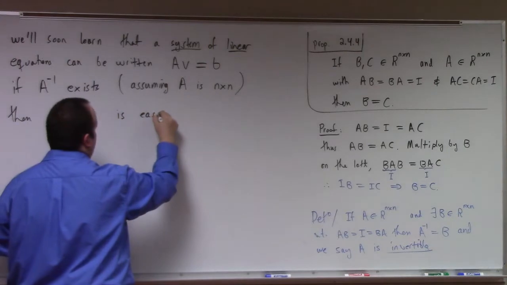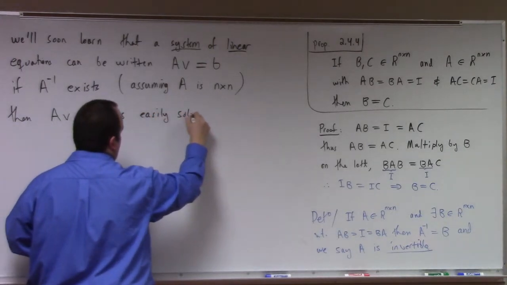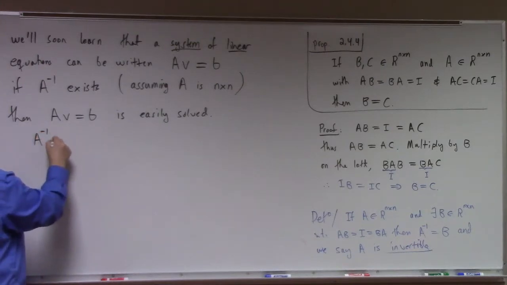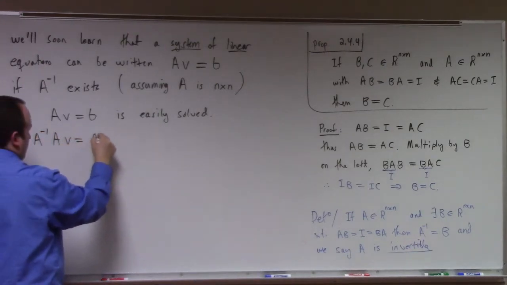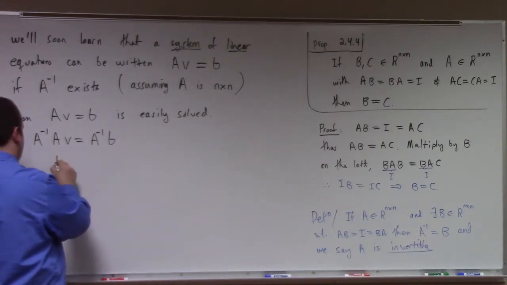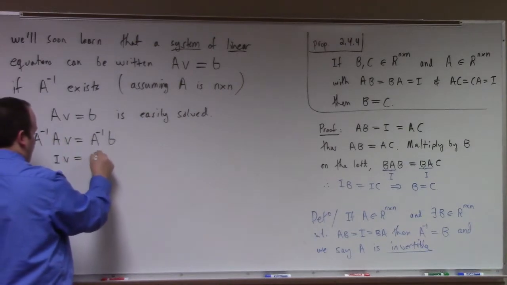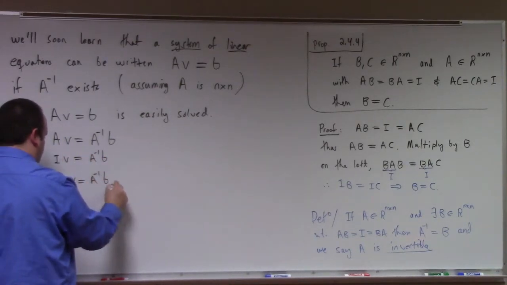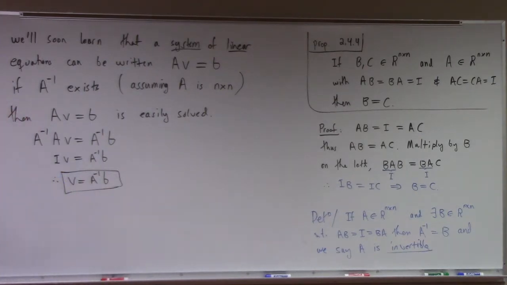Easily solved, because A inverse AV is equal to A inverse times B. So that tells me that IV is equal to A inverse B. Therefore, V is A inverse B. So in the case that we have n equations and unknowns, and the matrix of coefficients is invertible, we get a unique solution.